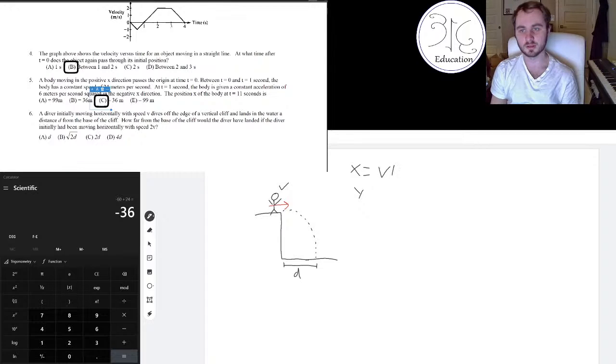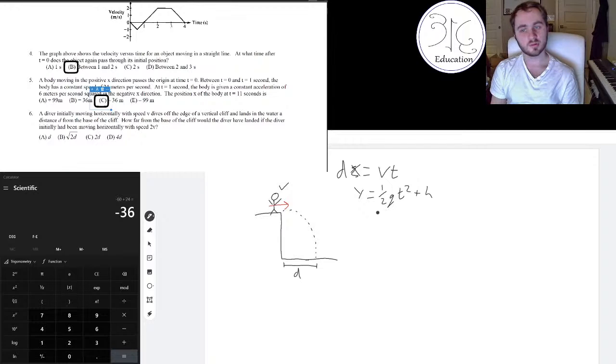This is just going to be v times t. Velocity times time is our distance, which in this case is d. Our y though is going to have an acceleration, which is g, and then we have the initial height of the cliff. This would be the case that we would want to solve to get the time.